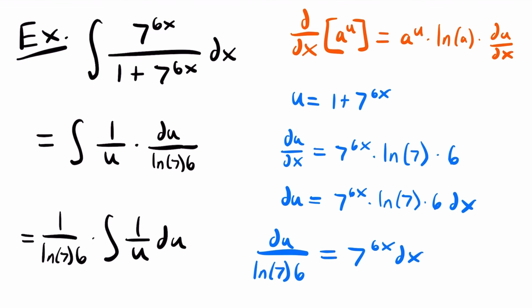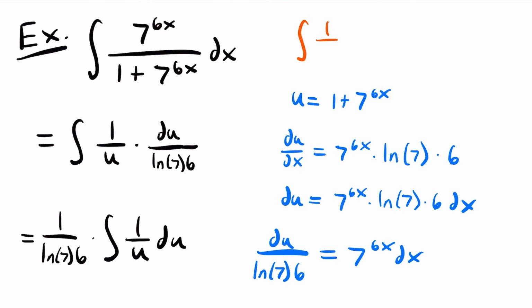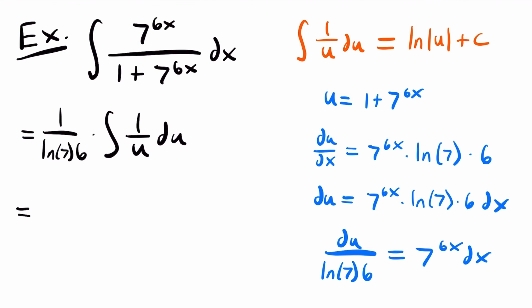And so now we have an integral that we know how to integrate using an integration rule, that the integral of 1 divided by u du is equal to the natural log of the absolute value of u plus c. Right, this is the log rule of integration that we can use to integrate a rational function like 1 divided by u. And so if we clean up our work here, we will have that this is equal to 1 divided by the natural log of 7 times 6 times the natural log of the absolute value of u plus c.